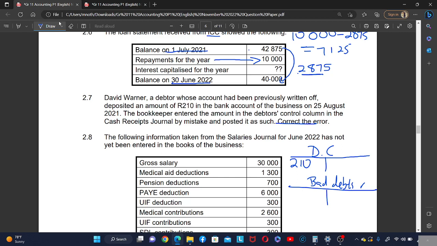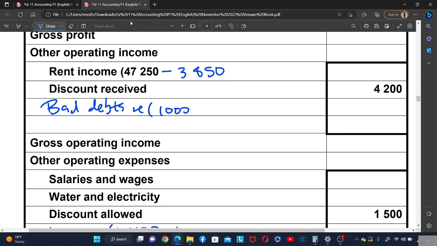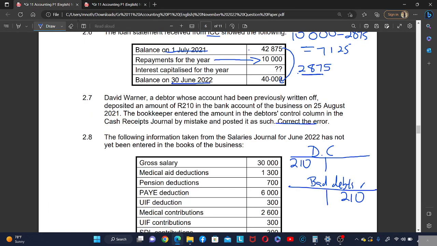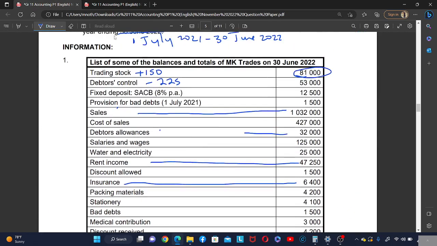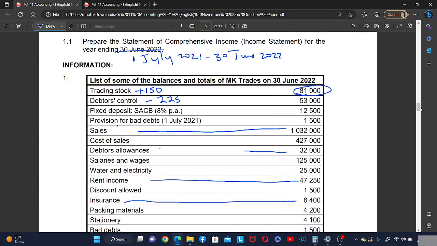We know that bad debt recovered is an income, so the income increases on the credit side. So we go and increase our bad debt recovered by 210. And then also we must increase our debtors control by 210.